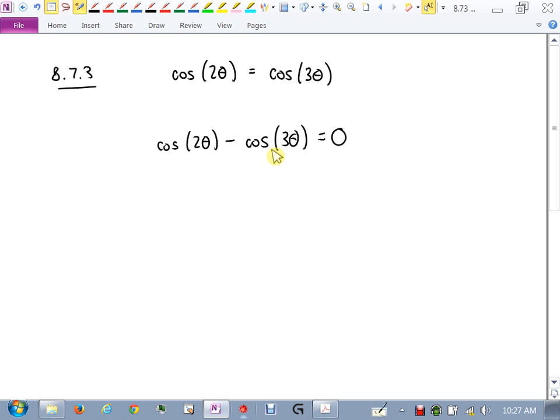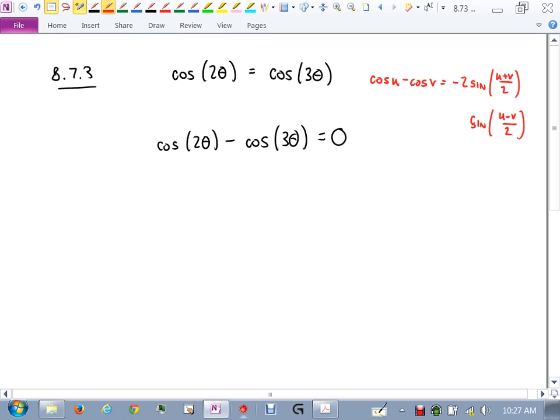Yes. So the formula will be, let me write it down on the side here: cosine U minus cosine V equals -2 sine of (U plus V) over 2 times sine of (U minus V) over 2.